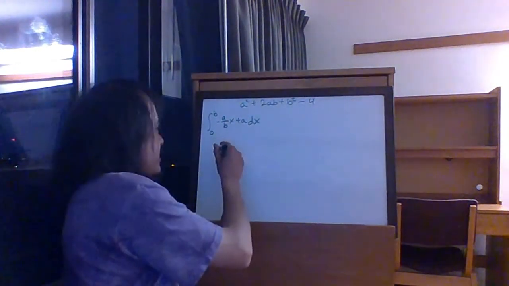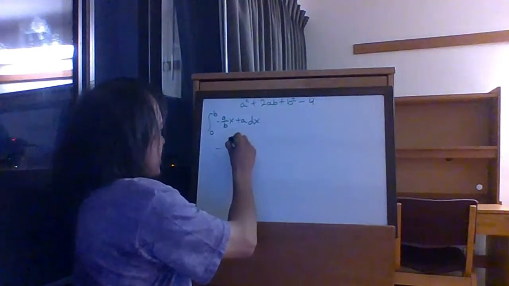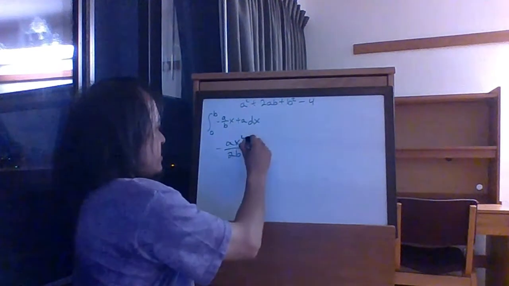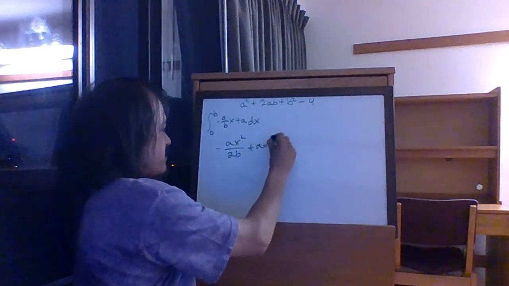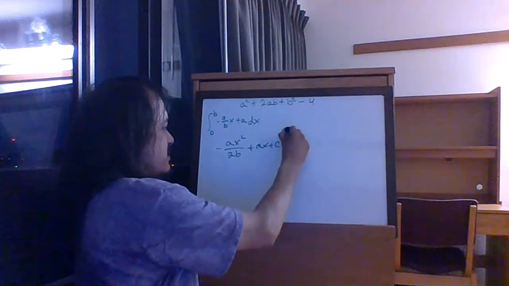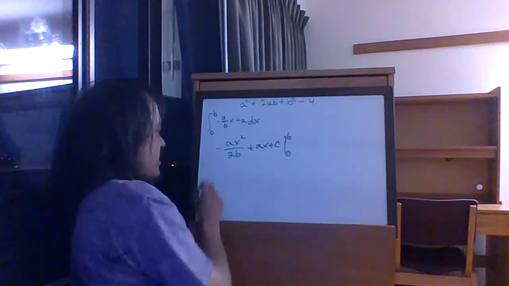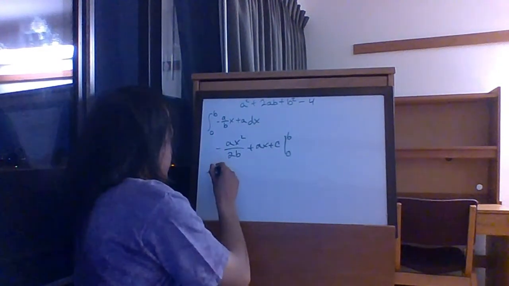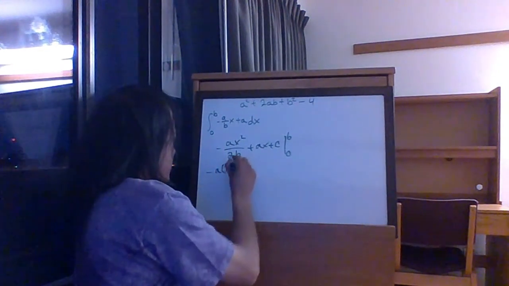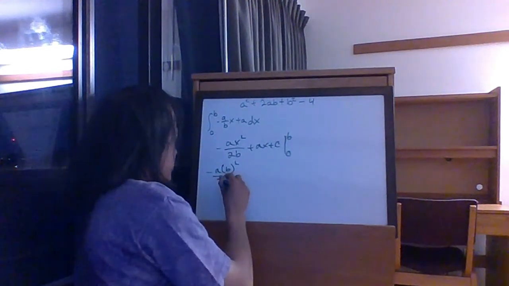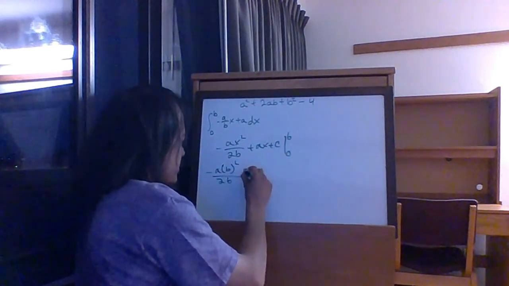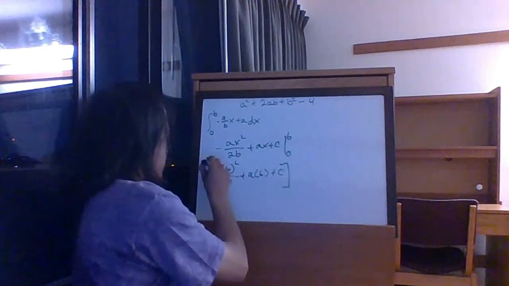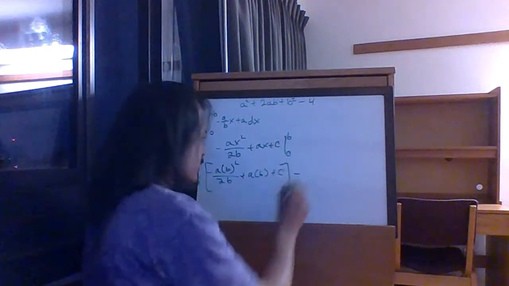We have negative ax squared over 2b plus ax plus c from 0 to b. We substitute in the upper limit first. So we have negative a b squared over 2b plus a times b plus c. This is the upper limit.